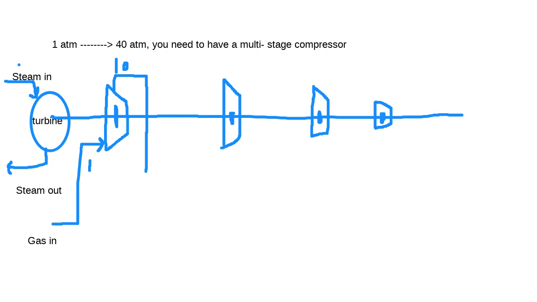Okay, so each time you increase the pressure by 10 until you get to 40 atmosphere. Now, if you compress the gas from 1 atmosphere to 10 atmosphere, the pressure will increase, and so does the temperature. Temperature راح ترتفع.